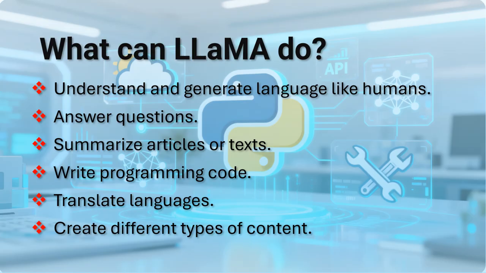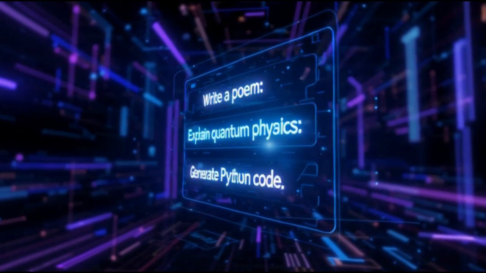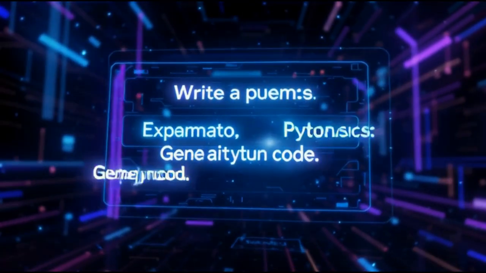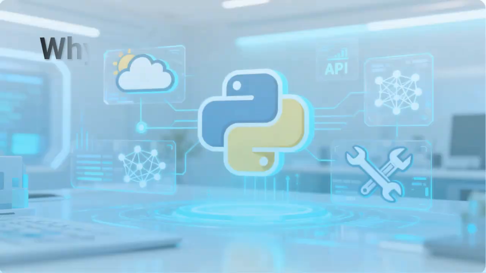It can answer questions, summarize articles or long texts, and even write programming code. In addition, Llama can translate between different languages and create many types of content, including explanations, stories, and informative texts. Because of these abilities, Llama has become a powerful tool that helps people find information, learn new topics, and create content more quickly and efficiently.